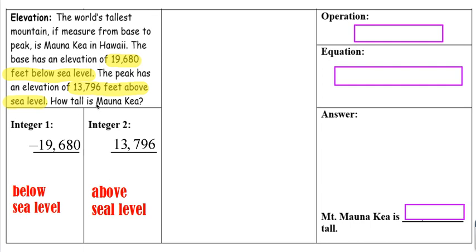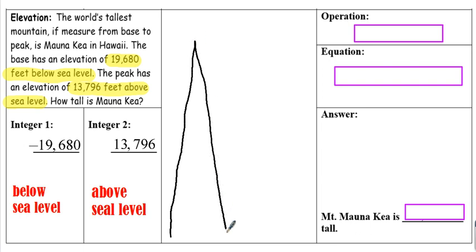And we want to know how tall Mauna Kea is. So again, our two integers are negative 19,680 because of the words below sea level, and positive 13,796 because that's above sea level. If you think about a mountain, I will start drawing it in here. I'm going to draw the mountain tall like this, okay?